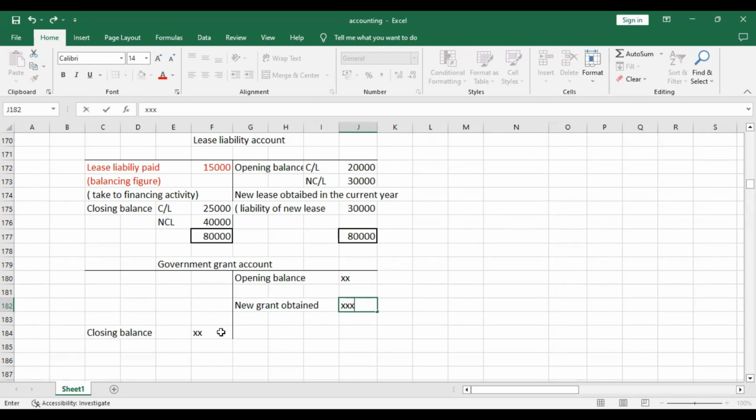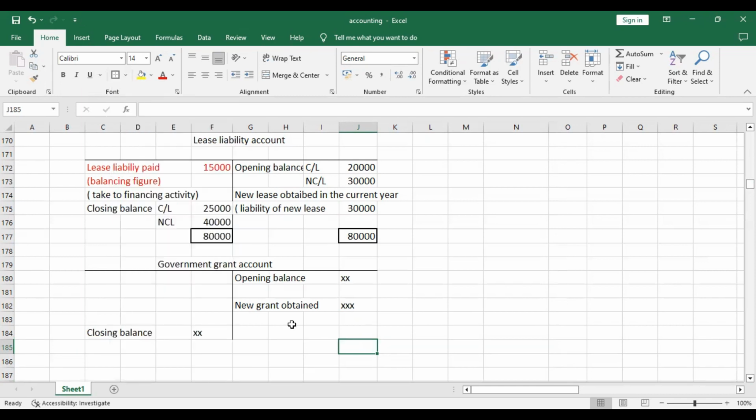If the closing balance is something different, then what happens? Some amount of grant is amortized. Understand? So if the amount of grant amortized is given to you, then the amount of grant received you can find. So any of these two figures can be the balancing figure. Please understand.